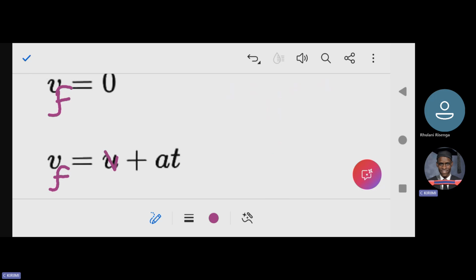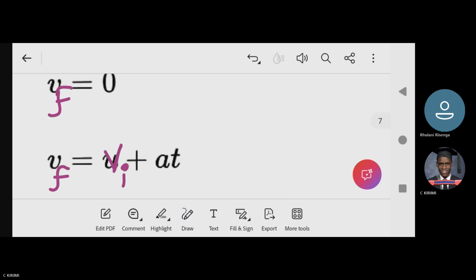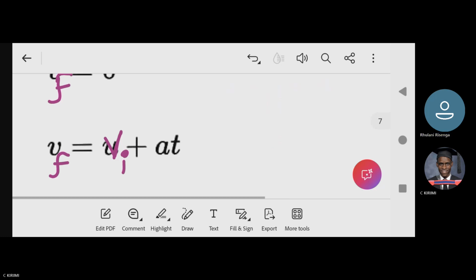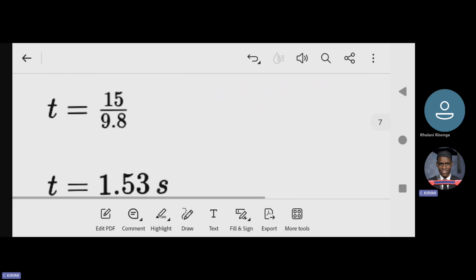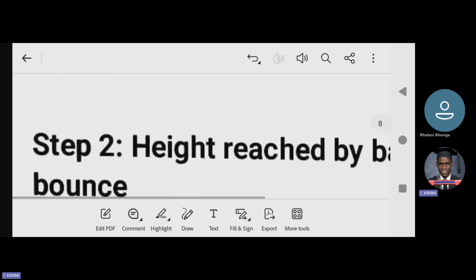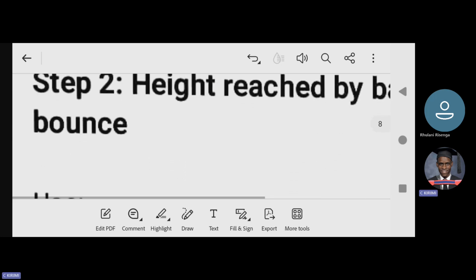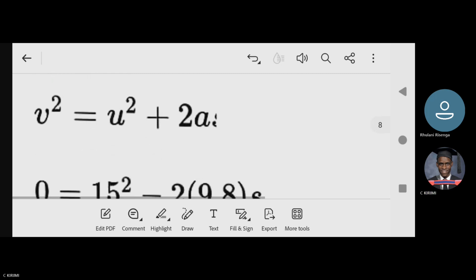And what do you know about VF? VF is equal to VI plus AT. Is that correct? Do you agree with this formula? Are we looking for the time? There are two ways of solving it: you can look for the time, then substitute into the height equation.